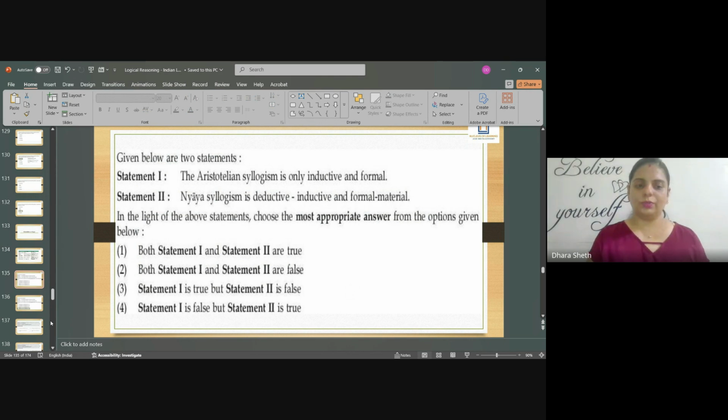So what is true? What is false? So this is true, but here it is not formal material, it is material. We don't place emphasis on formal. It is material fallacies only.